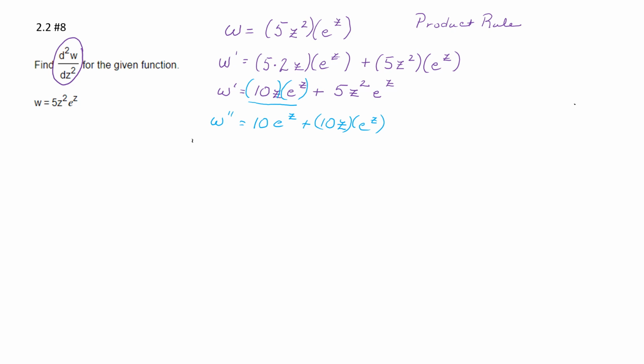Now I'm going to move over here, and again we're going to use the product rule.